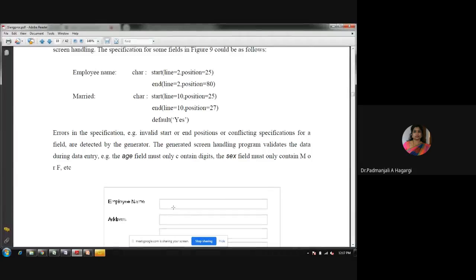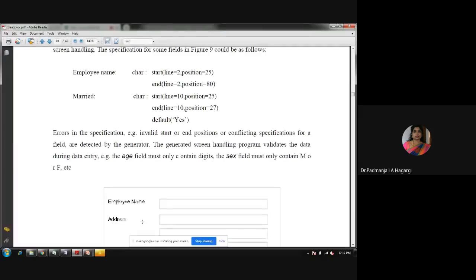How much should be the width of this label called employee, because your name has first name, middle name and last name, so this much is the width. To fulfill this width, I specify in the label itself what the length should be after the employee name. The gap is from 25 to 80 when you see it on the screen.